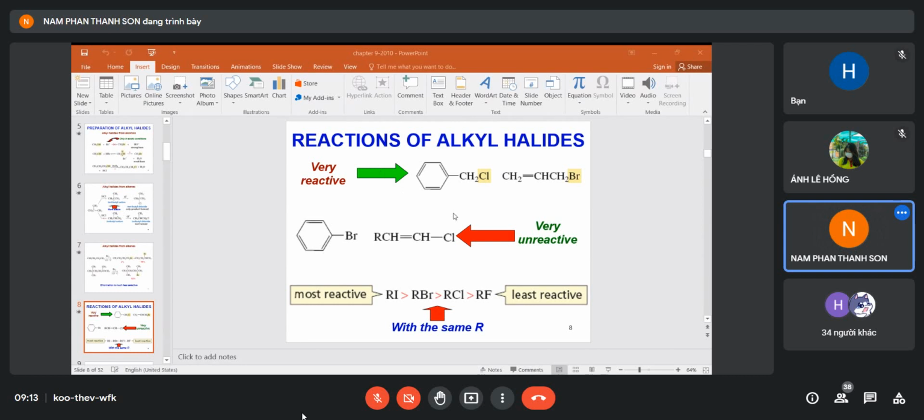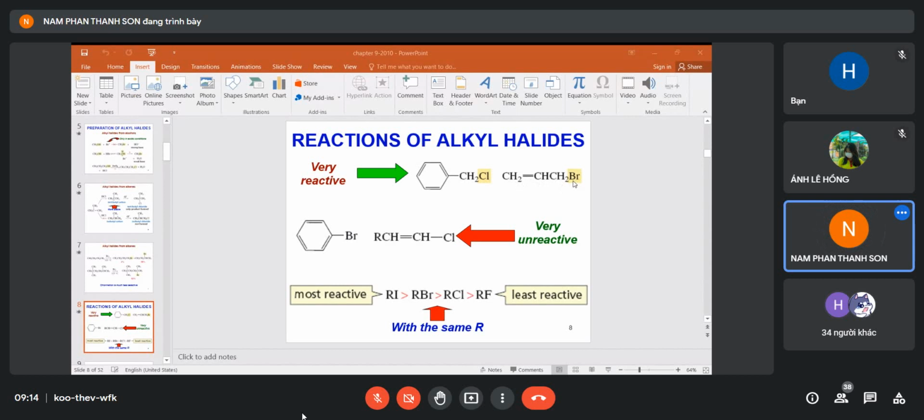First, I want you to take some notes. Look at the first row in slide 8. We have C6H5CH2Cl, that is benzyl chloride, with this phenyl group, and CH2=CHCH2Br, allyl bromide.